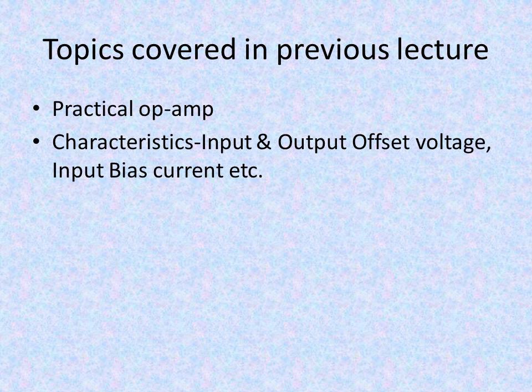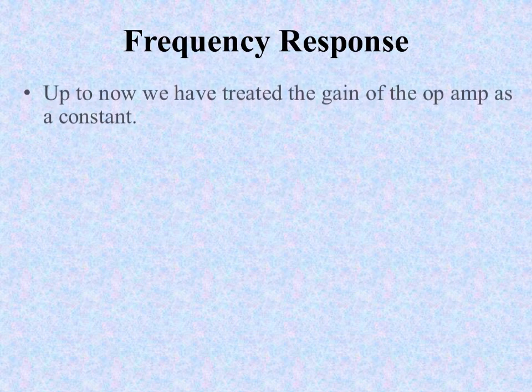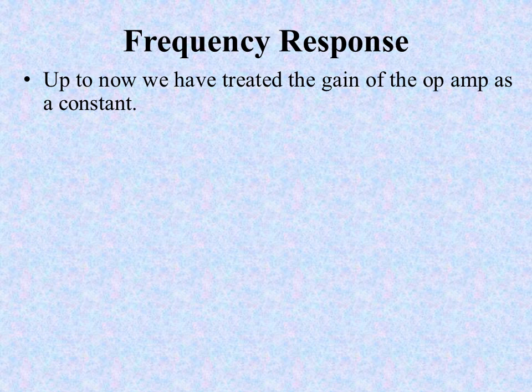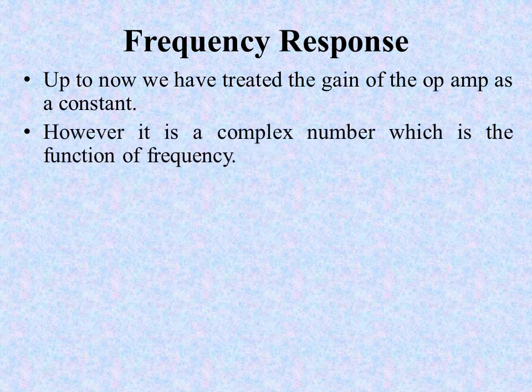So first of all we will see what we mean by frequency response. Up till now we had taken the gain of the operational amplifier as constant, that it remains constant for a longer range. But it should be remembered that it is a complex number which is a function of frequency.